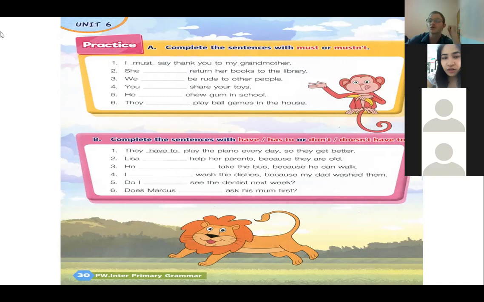Let's read the first one. I must say thank you to my grandmother. The second one, I want you to answer either must or must not. She returned her books to the library.